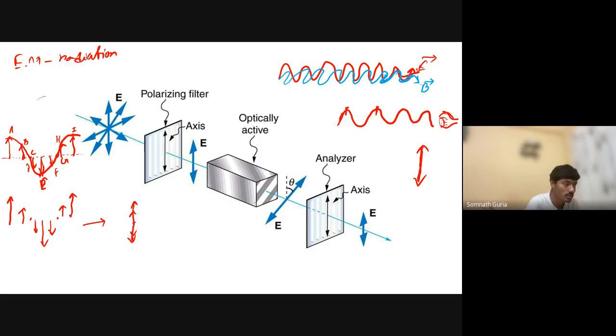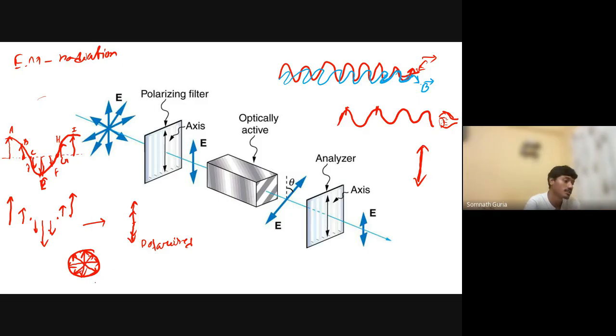So if it is in one particular direction, that is the polarized part. The unpolarized light right now has all directions over here. This is the direction we are right now talking about. It can also move in that direction, that direction, this direction, all possible directions.